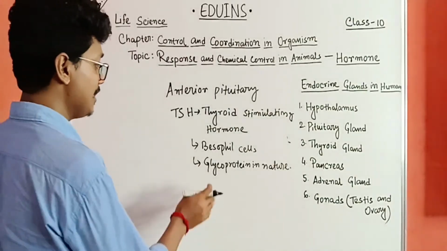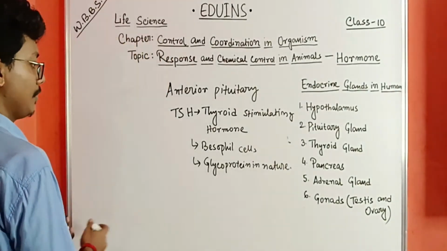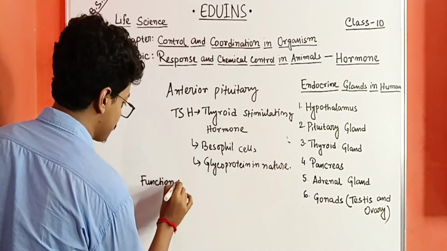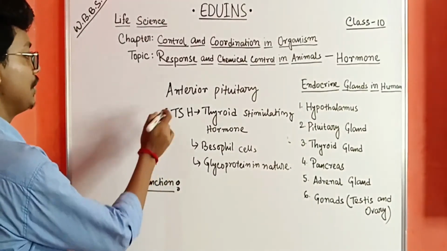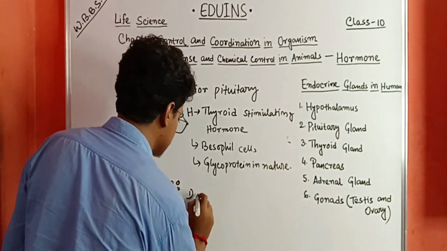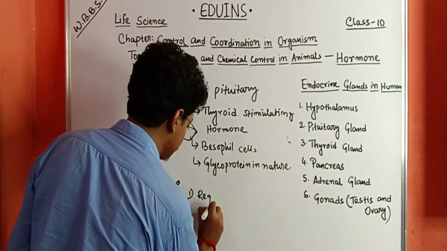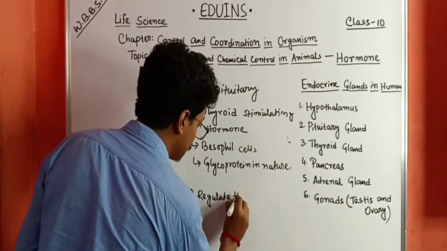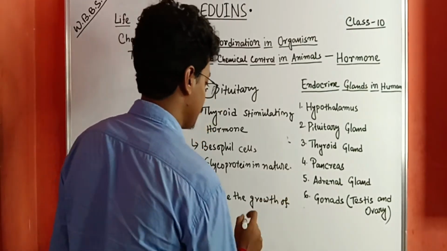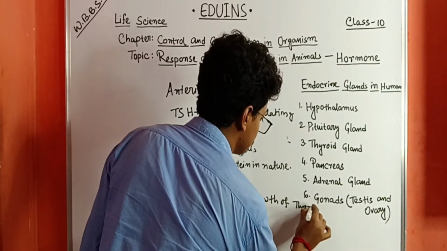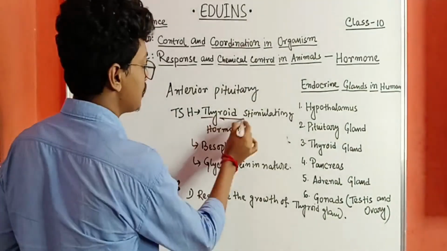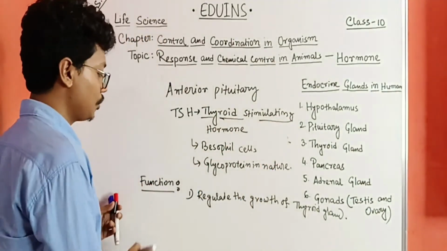The function of TSH or thyroid stimulating hormone, number 1, is to regulate the growth of thyroid gland. Of course, from the name thyroid stimulating hormone, it regulates the growth of thyroid gland.